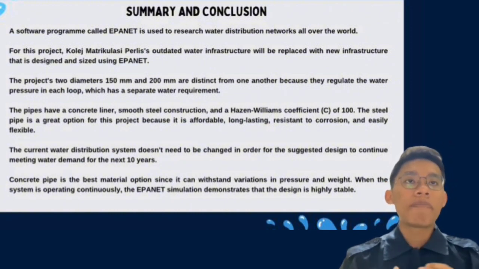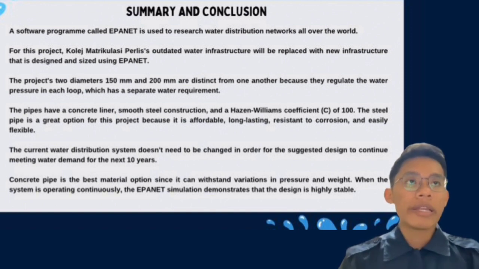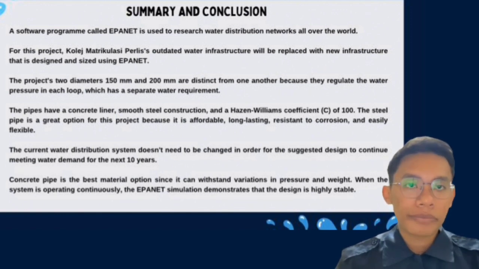The pipe has a concrete liner, smooth steel construction, and a Hazen-Williams coefficient of 100. The pipe is a great option for this project because it is affordable, long-lasting, resistant to corrosion, and easily flexible.